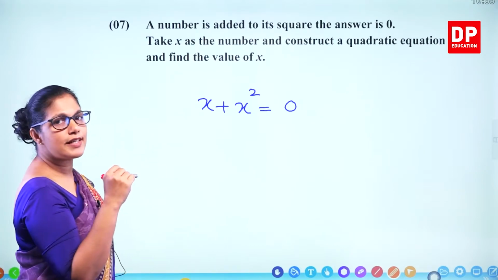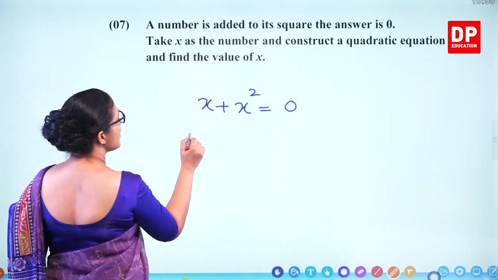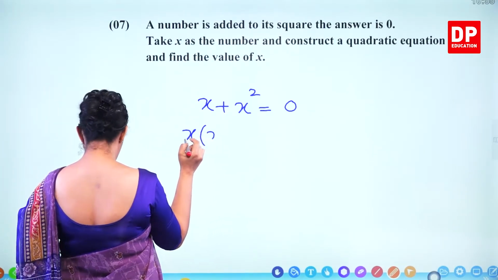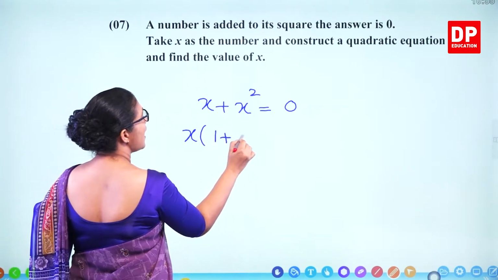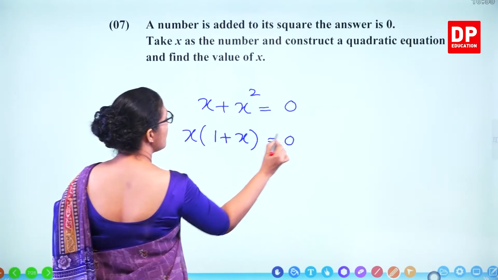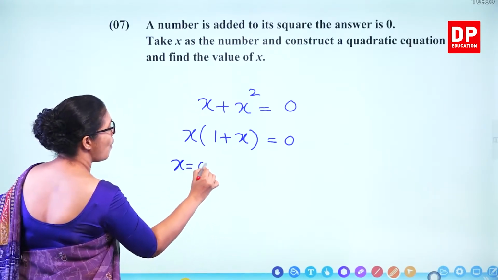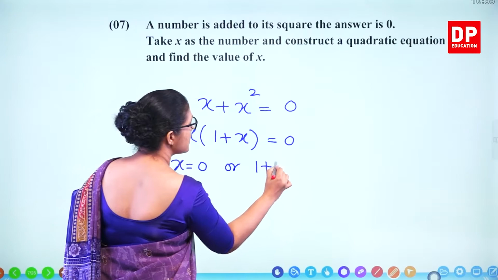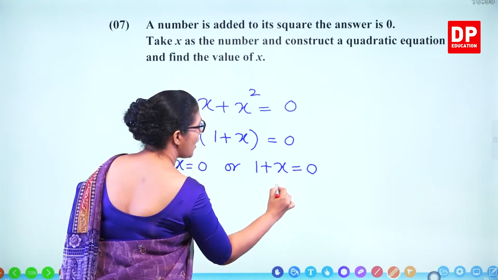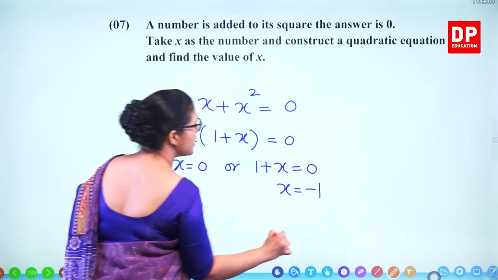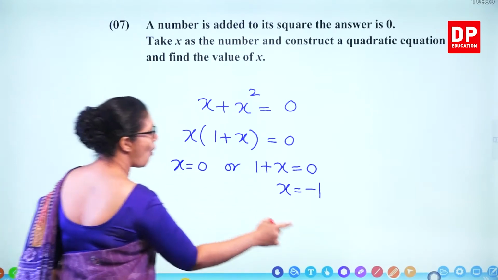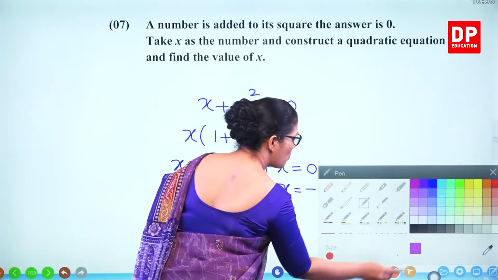So this is the quadratic equation. Take x out, x is common. You get x times 1 plus x equals 0. Product is 0 means either x is 0 or 1 plus x equals 0. So x becomes minus 1. So 0 or minus 1. So 2 marks for that.